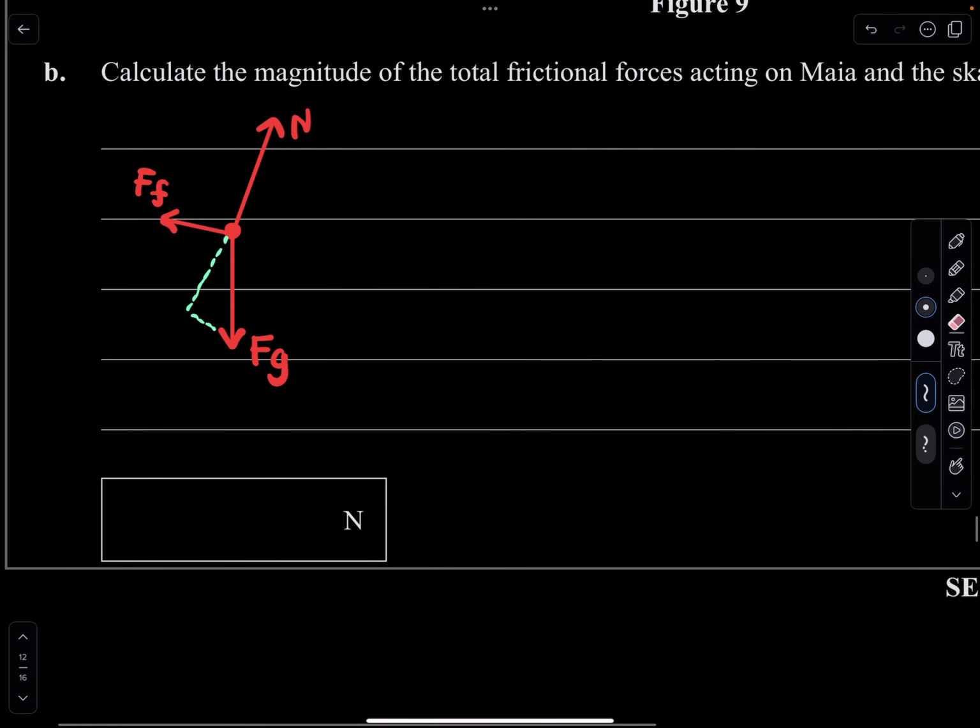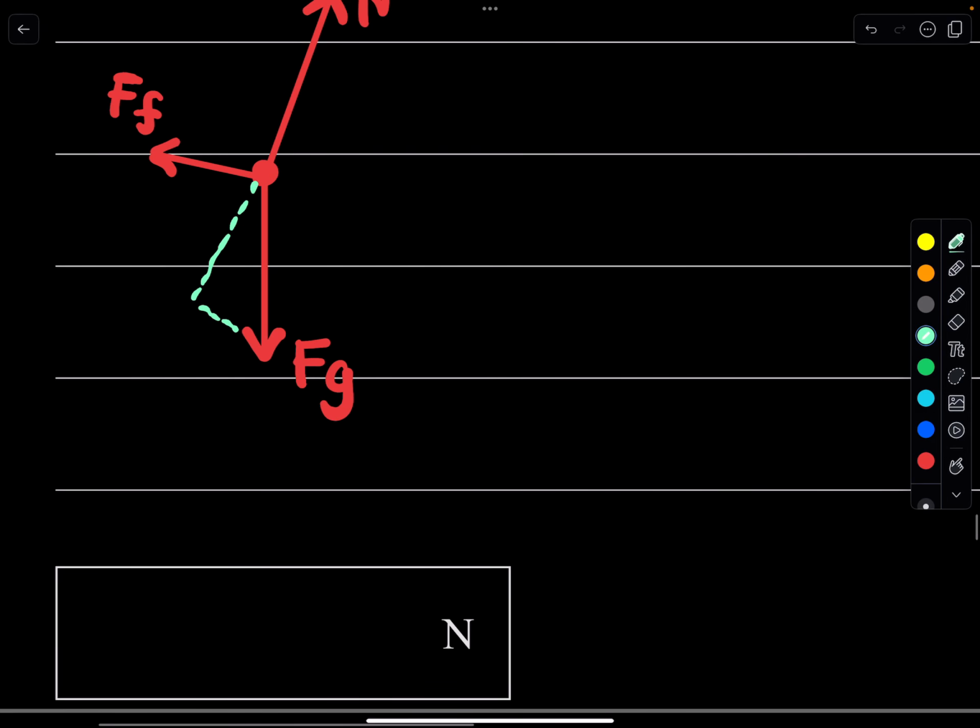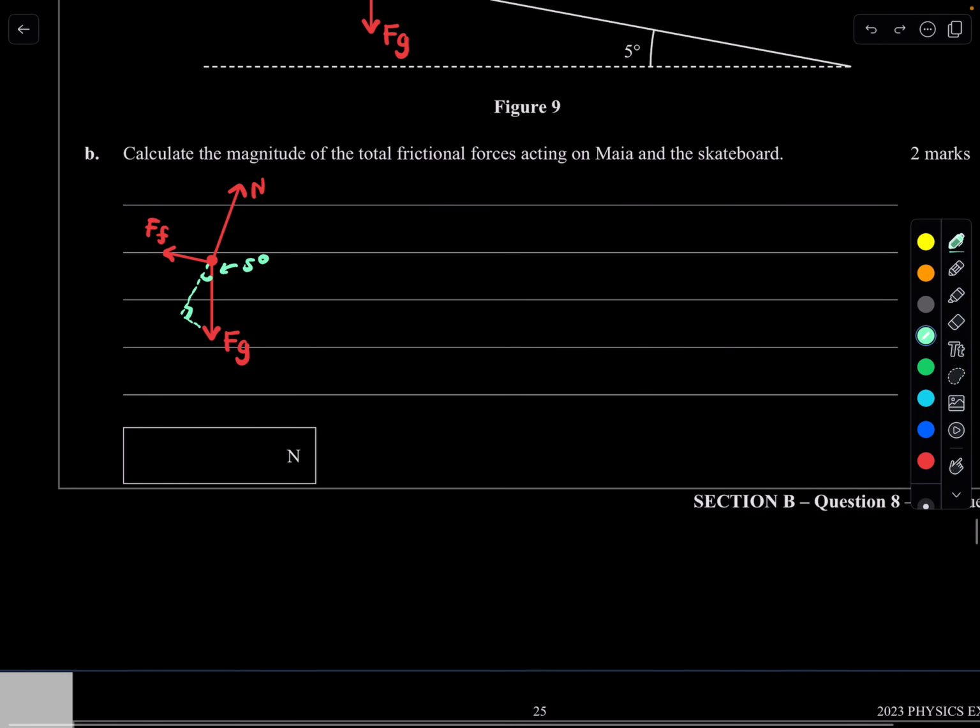Alright, so we're going to have, of course, this angle here being 5 degrees. That's your force of gravity. And so we want to calculate this part here, which is the one that's making it move. There is no acceleration, so we know that F net is 0. F net is the total sum of this force and this force.